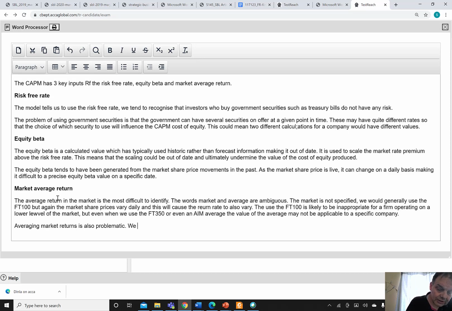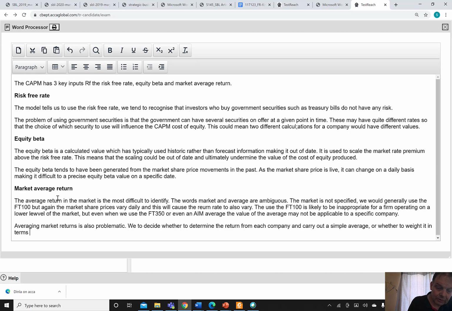Perhaps we need to decide whether to determine the return from each company and carry out a simple average, or whether to weight it in terms of the values each are generating.